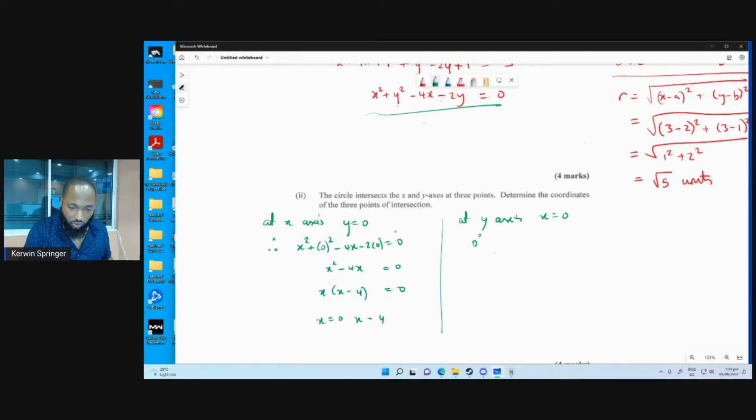So you get 0 squared plus y squared minus 4 times 0 minus 2y is equal to 0. You get y squared minus 2y is equal to 0, so y times (y minus 2) is equal to 0. So y is equal to 0 or y is equal to 2.